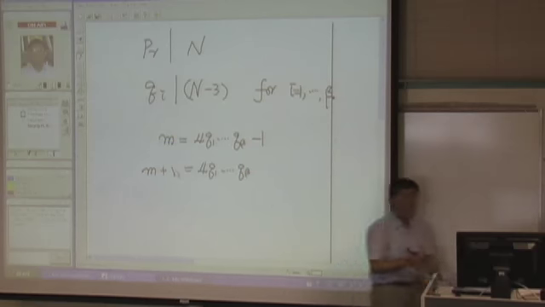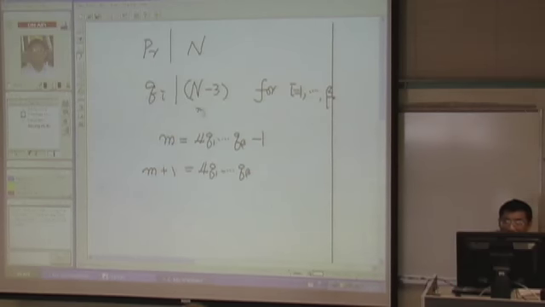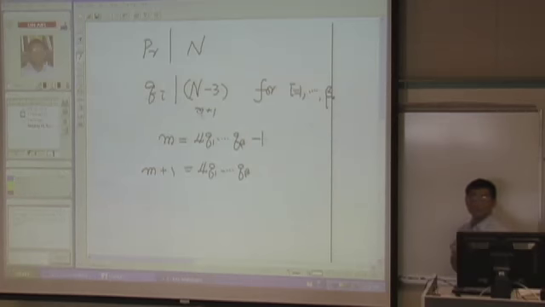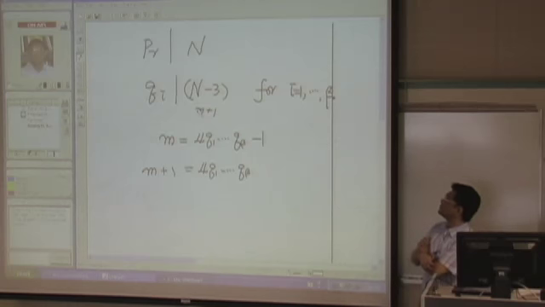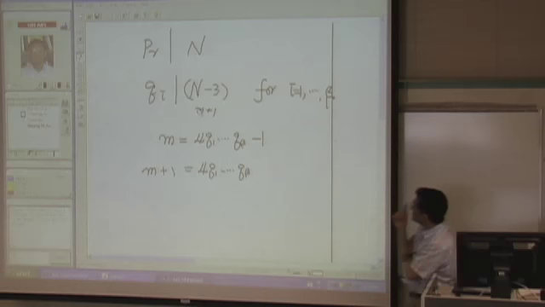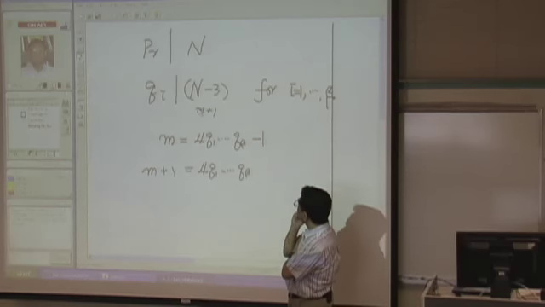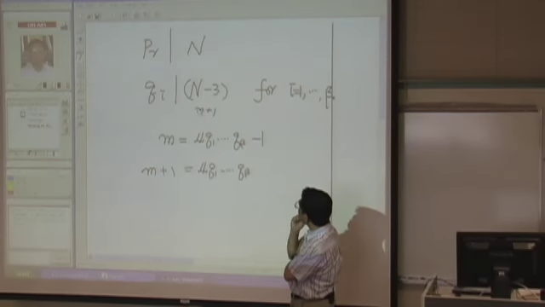So we can completely replace this by M plus 1, right? I initially started with plus 3, and then 3 caused some problem, so I replaced the number n by lowercase m plus 1.